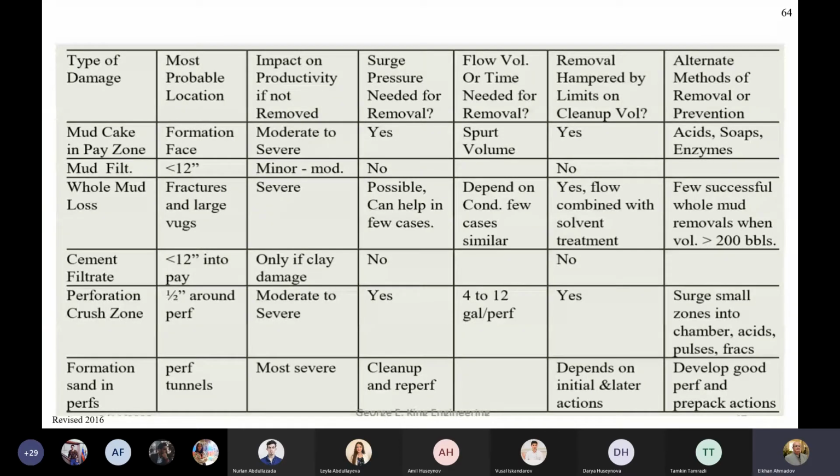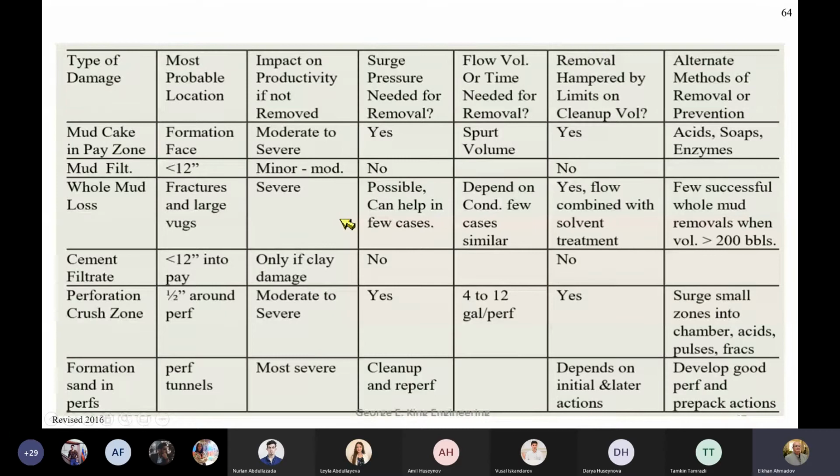An alternate method may be acids, soaps, enzymes to dissolve it and then flow back again. So here is the table of different types of damage, how to prevent them, what the most likely remedies are, what can be done, and where this can show up in the well production system. Okay.